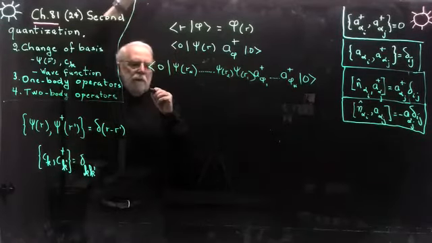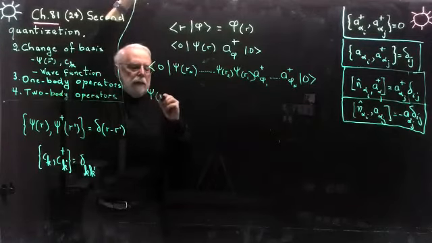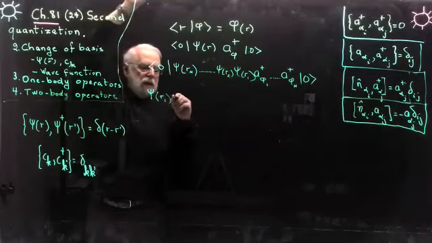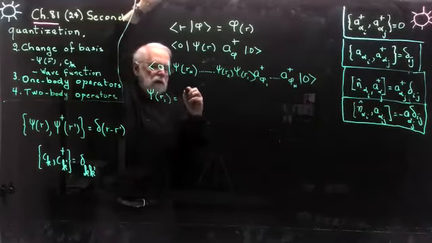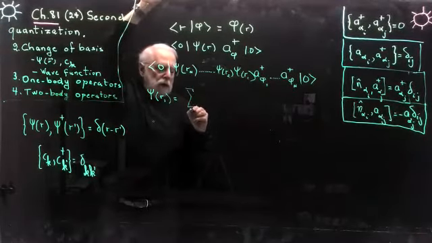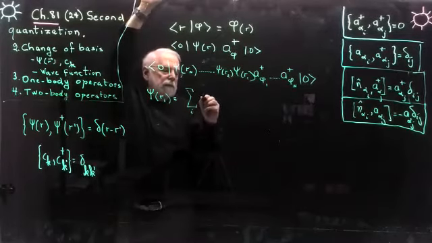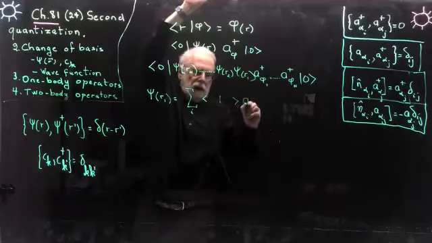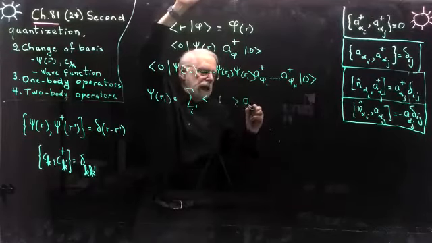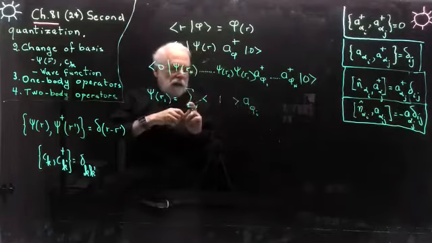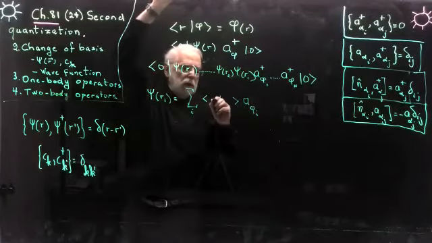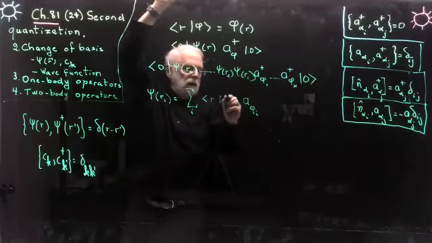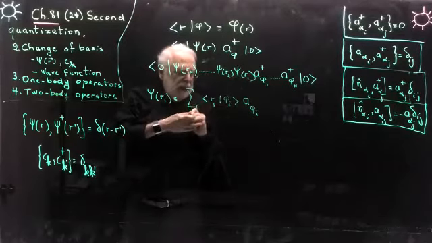We write that psi at position R1 is equal to the sum over I of A of phi I, and here we want R1 phi I.